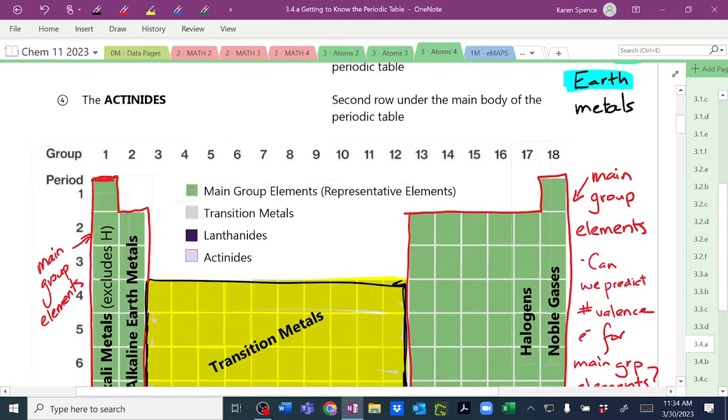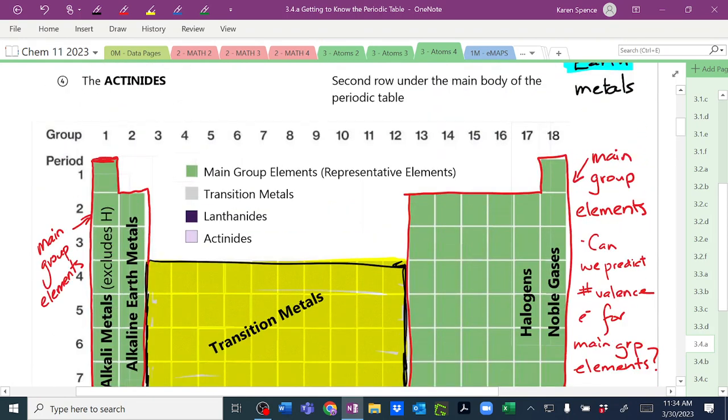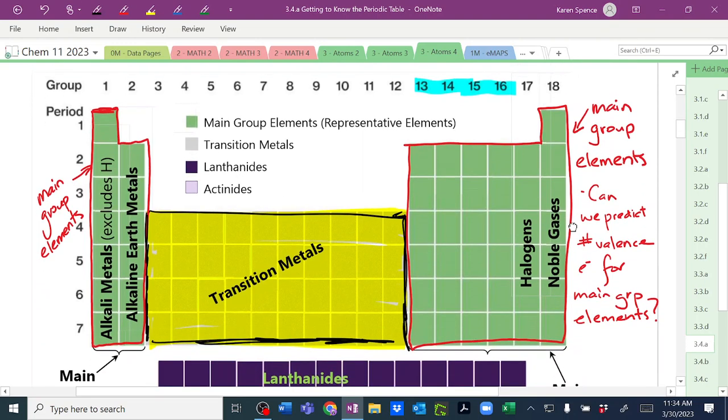Now, when we go down here, you'll notice that there is no label for groups 13, 14, 15, and 16. Okay? If you're interested in geeking out over chemistry, I could tell you that group 16 is called the chalcogens, but you don't need to know that, so don't write it down.